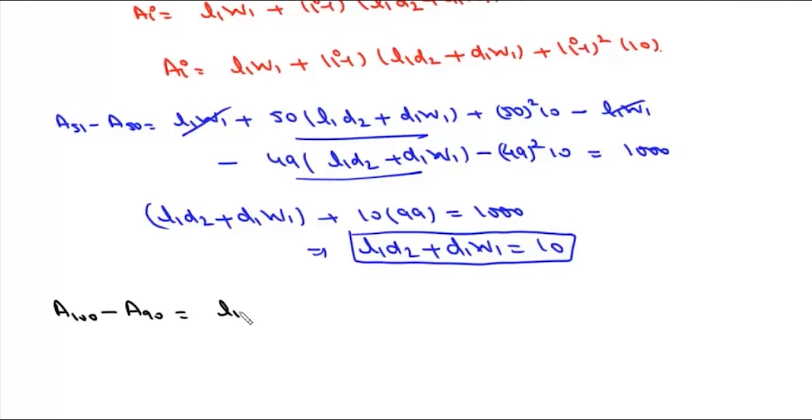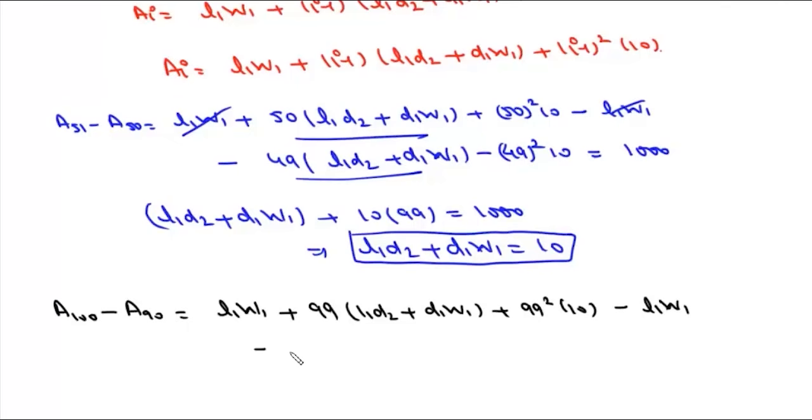Now A100 is L1 W1 plus 99 L1 D2 plus D1 W1 plus 99 square into 10 and then minus A90, which is L1 W1 plus 89 L1 D2 plus D1 W1 plus, now (i minus 1) square, i here is 90, so it will be this 89 square into 10.